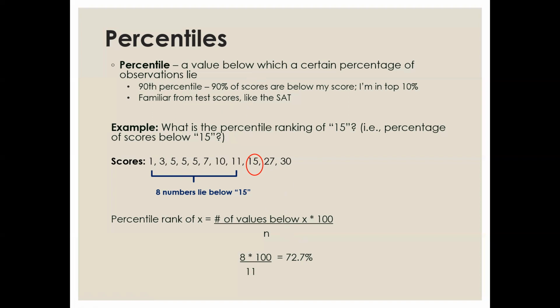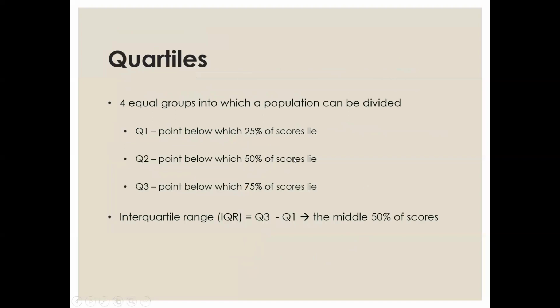Conversely, it means that you're in the 27%, if 73 are the scores that lie below you. So you're in the top 27 percent, which means you're in that top percentage.